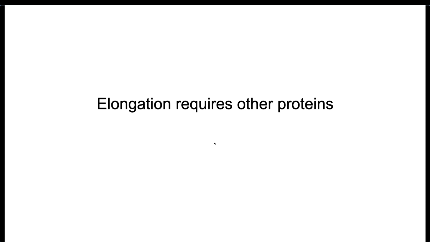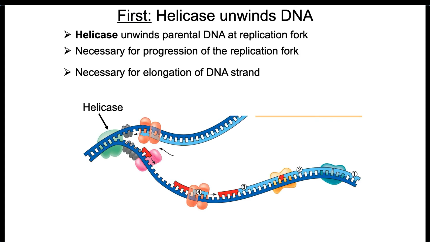Now, the elongation and the continued replication requires, as we sort of talked about earlier, several other proteins. Okay, we need that helicase. So here's that helicase, right here in green, that is responsible for separating the two strands of DNA.